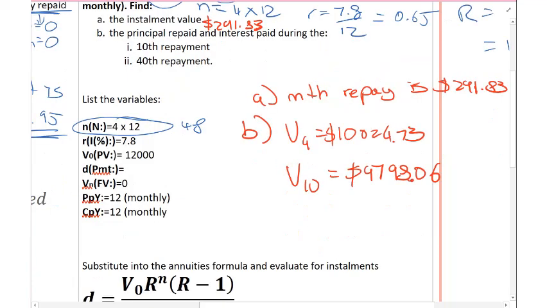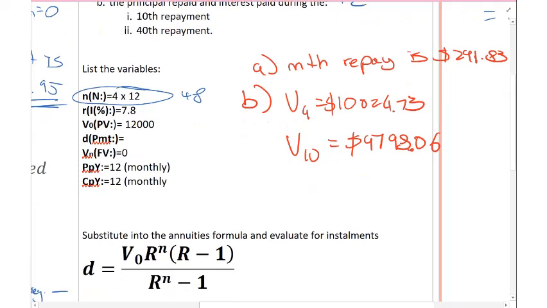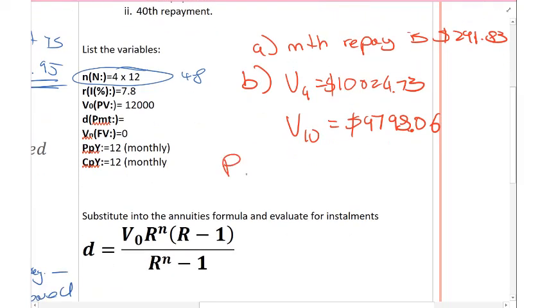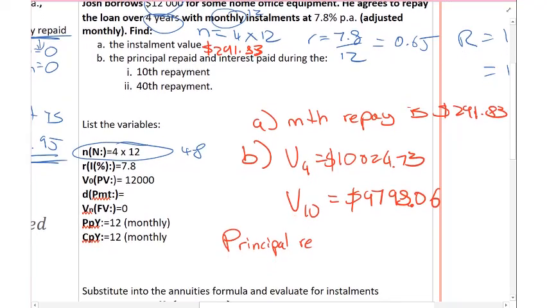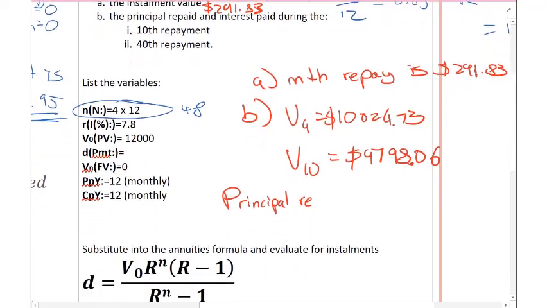Now, what you need to do is you're looking at the principal repaid in that, because what it was asking for is the principal repaid and interest paid during the 10th repayment.